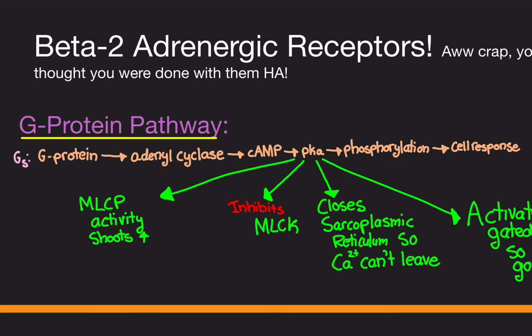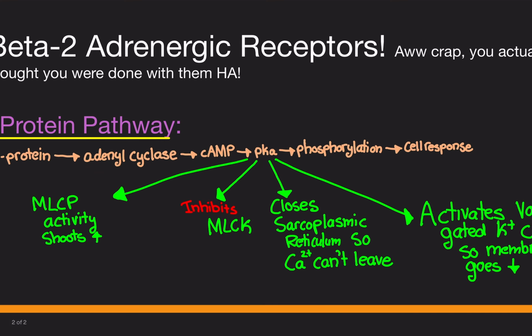So this is the GS pathway. The beta-2 adrenergic receptors use the GS pathway. I made a whole video about alpha and beta receptors, so please check that out. I'll also link it in the description. That's what beta-2 uses. So G protein activates adenyl cyclase. Don't worry about all this green stuff, we're just going to go over the pathway.